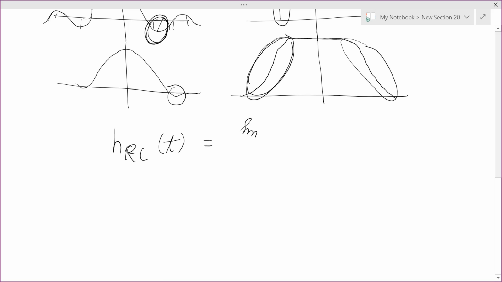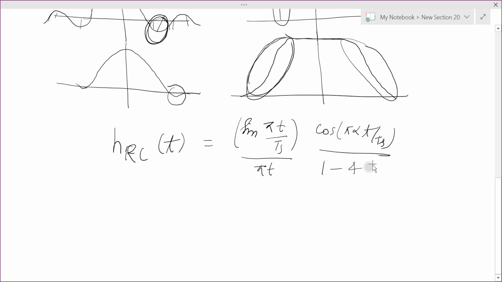That is sine of pi t over Ts divided by pi t over Ts, then cos of pi alpha t over Ts divided by 1 minus 4 alpha squared t squared over 4Ts squared.